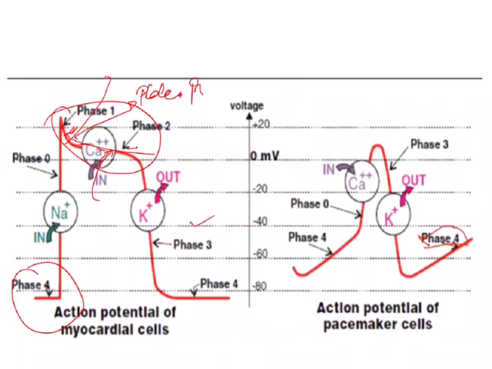Before the start of phase 3, the calcium channels close, but the potassium efflux is more, and more potassium comes out of the cells, and it causes repolarization of the cells. Repolarization is seen in phase 3, and then occurs phase 4, which is the resting membrane potential, the resting stage.